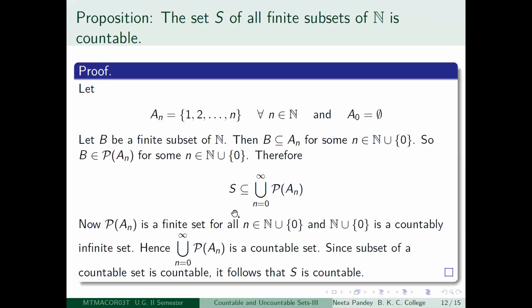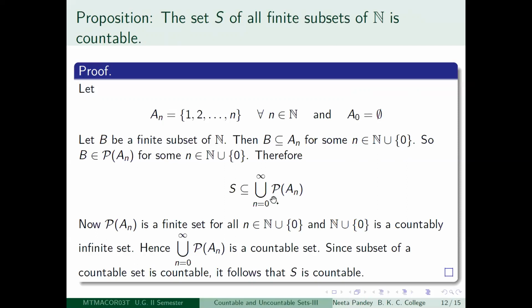Therefore, B will belong to the union of all such power sets. Again, I am using the same type of notation. This means you are taking the union of the power set of A_0, power set of A_1, power set of A_2, etc., power set of A_n, where n is ranging over the set of all natural numbers and 0.